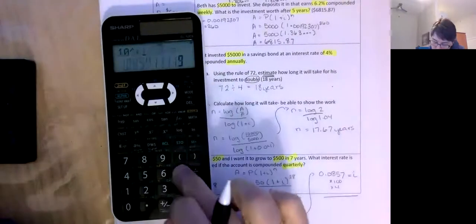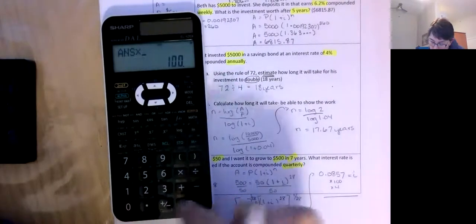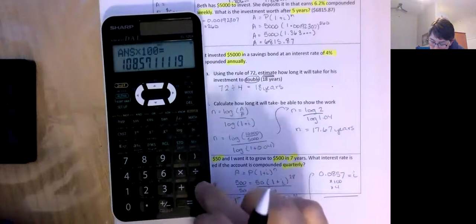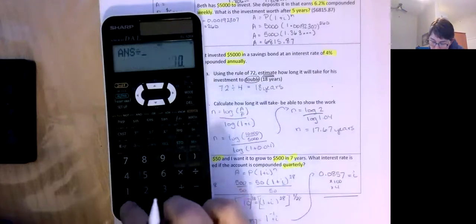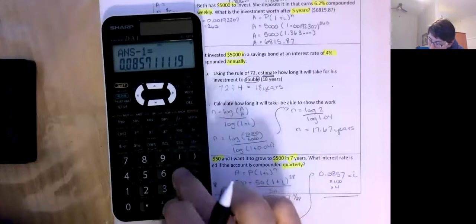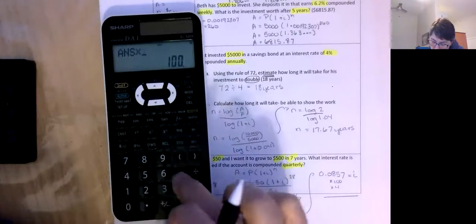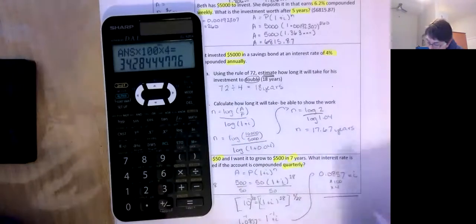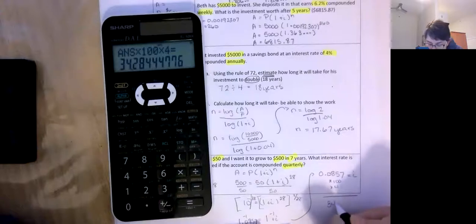So we want to multiply by 100 and multiply by 4. Oops, I forgot to subtract 1. There. Times 100 times 4. All right, 34.28%.